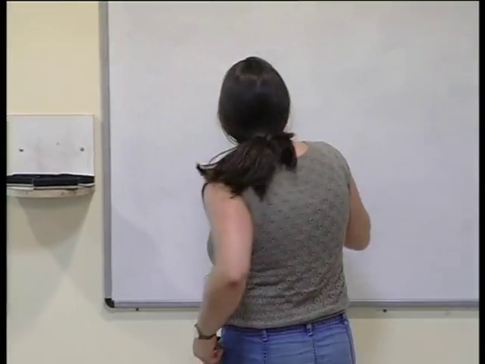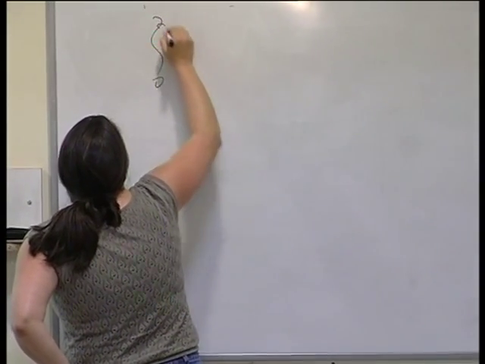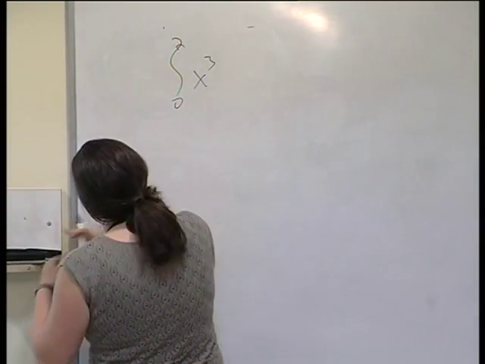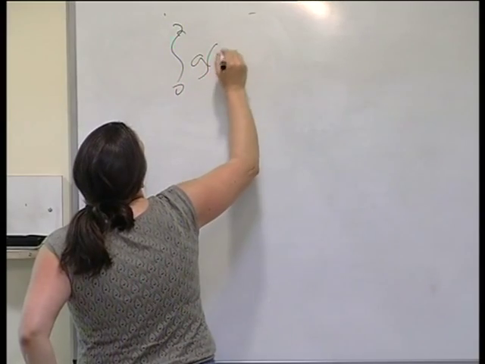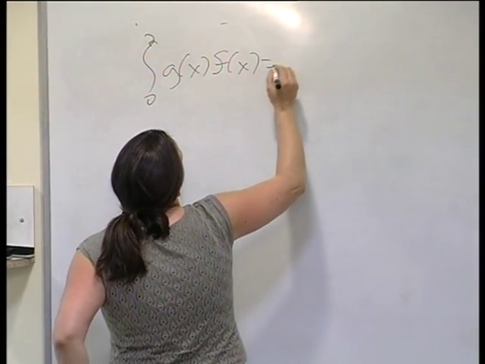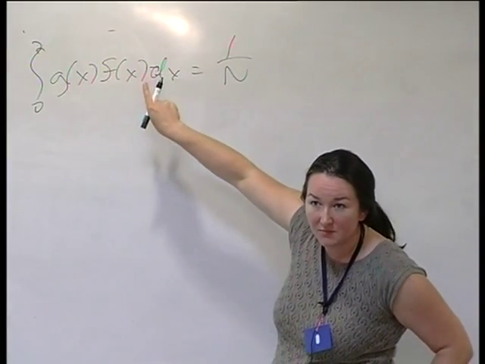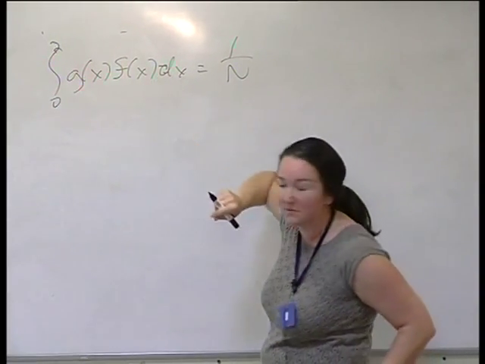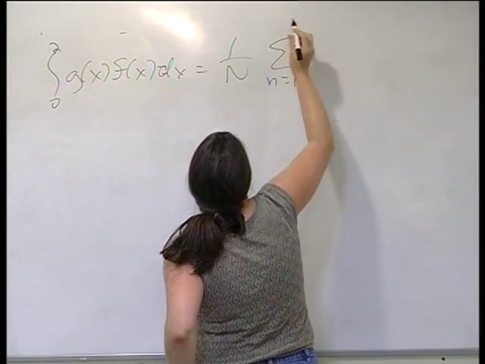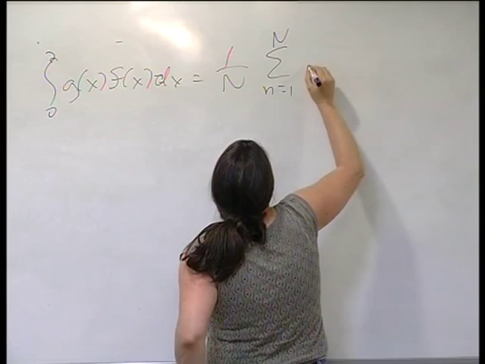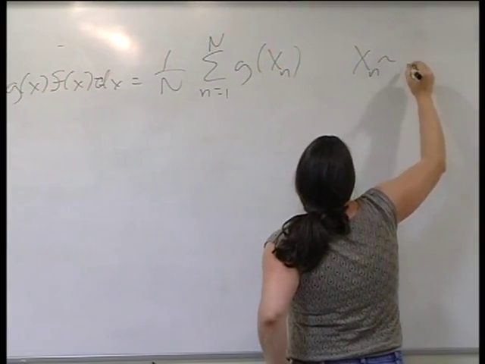We'll look at that if you don't remember the formulas. So let's do it for a generic function. Our function, which we're always going to decompose into the product of two functions, is 1 over n, the sum from small n to capital N, of g of x sub n, where x sub n comes from f.